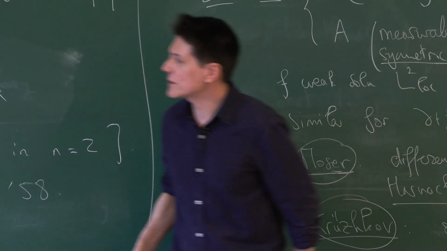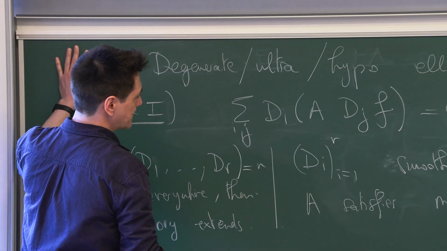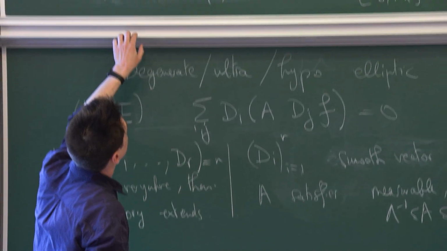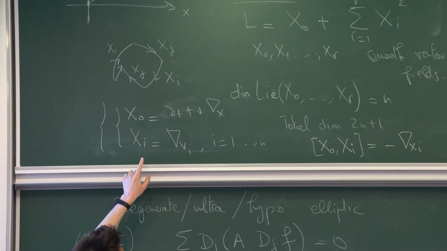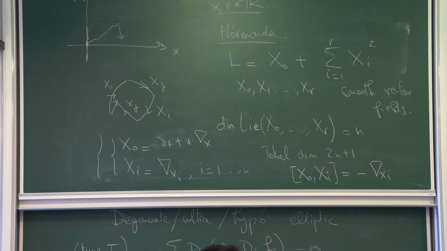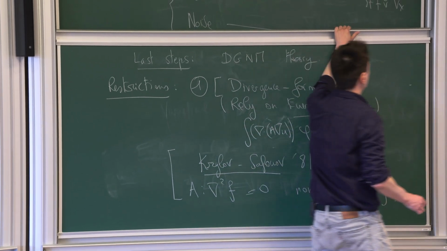Also, last comment on what I said last time, before the break. If you look at my prototype equation, the one of Kolmogorov, the simple case here, you can see one thing that is actually interesting. I won't do much about it, I won't have time.